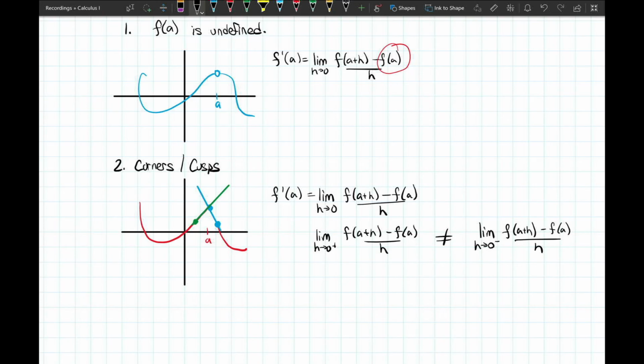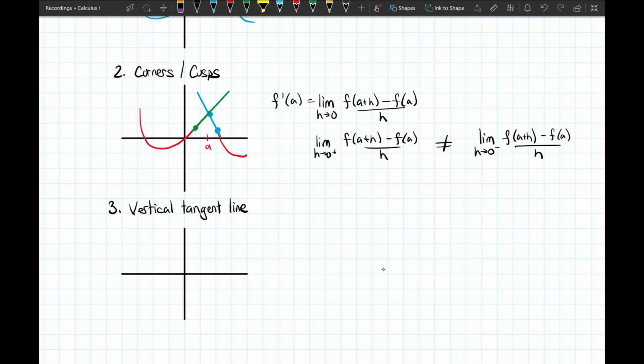Another potential problem, even when a is defined, is when the slope becomes so steep that it approaches vertical. Let's think about a graph that might have a vertical tangent line. Some sort of function that would just, for a brief moment, appear to be vertical, but still pass the vertical line test.